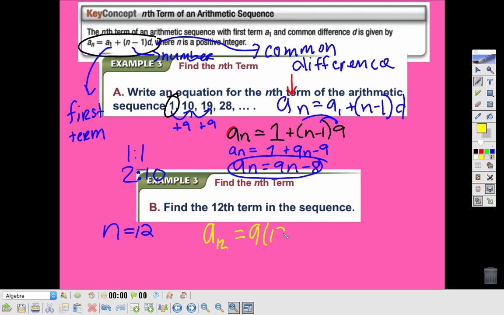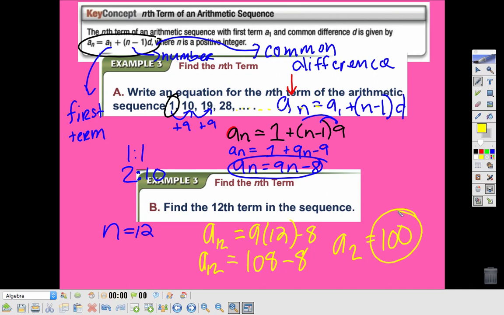So a sub 12, because you're plugging in 12, the n is 12, equals 9 times 12 minus 8. 9 times 12 is 108 minus 8. So a sub 12 is 100. So if you went all the way up to the 12th term, it would be 100.